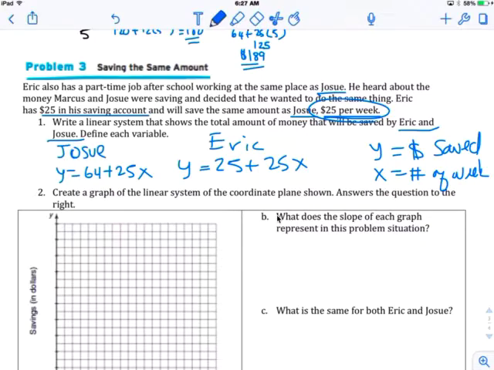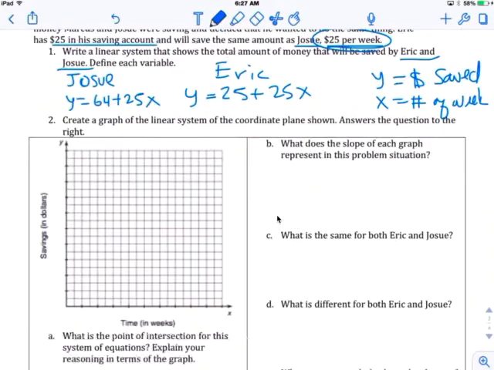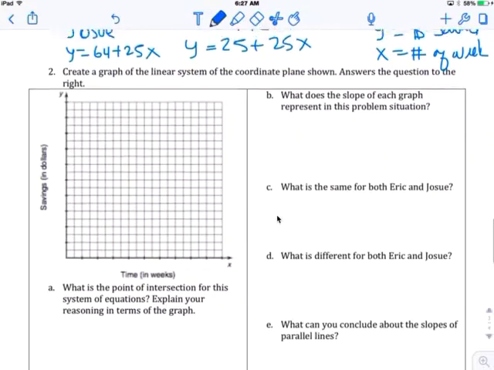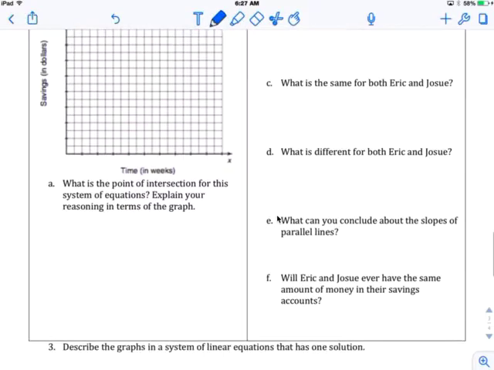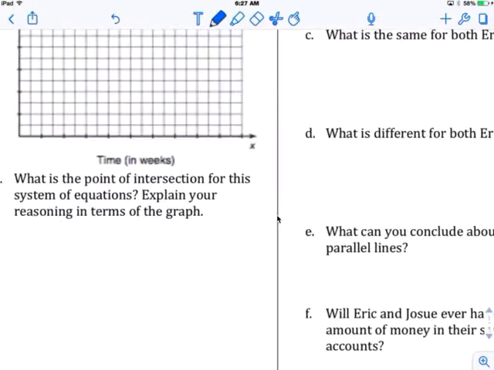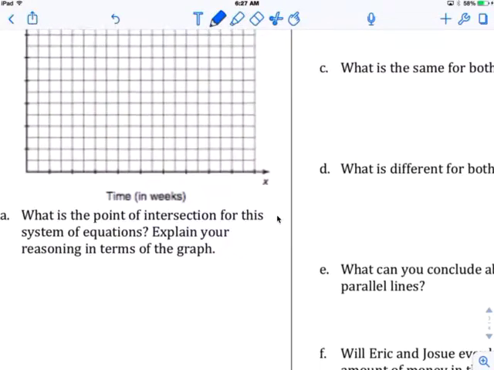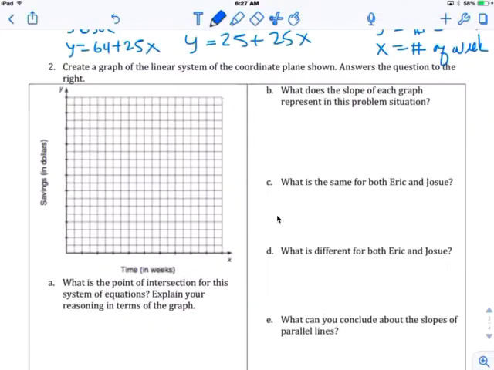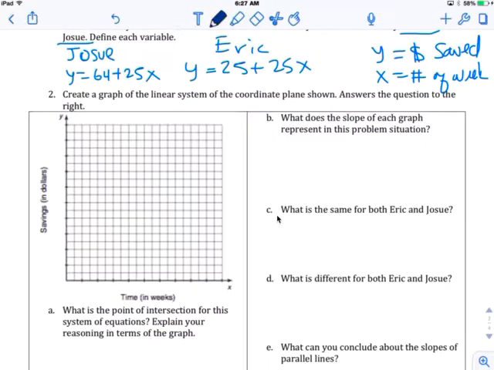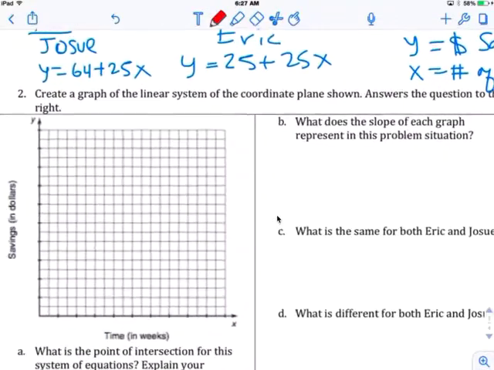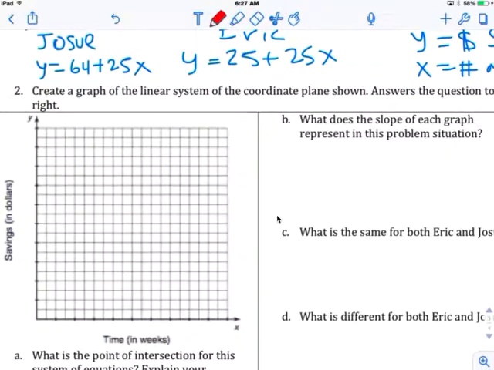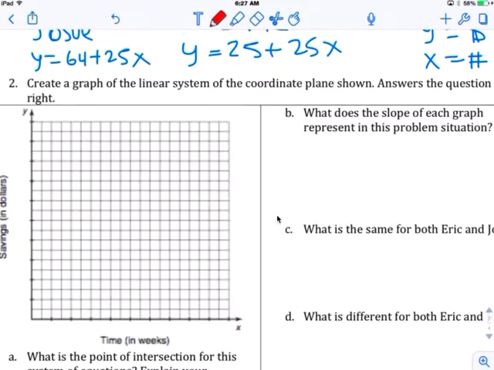Graph. Okay. Let's number it the same way.